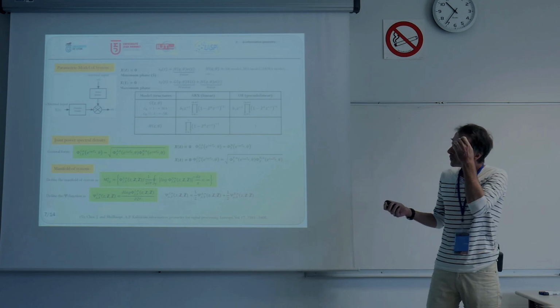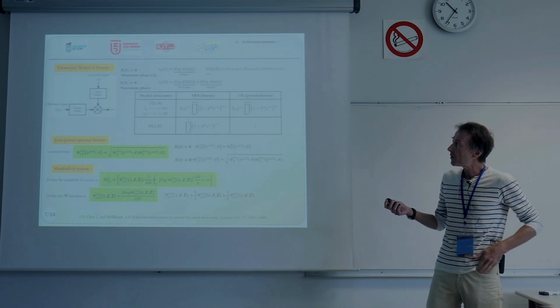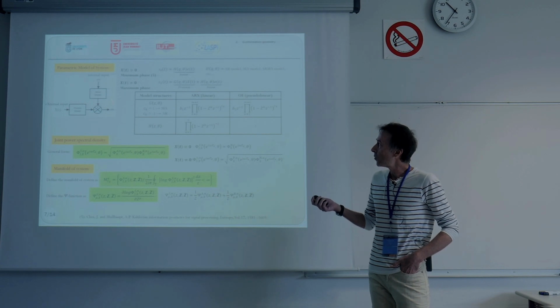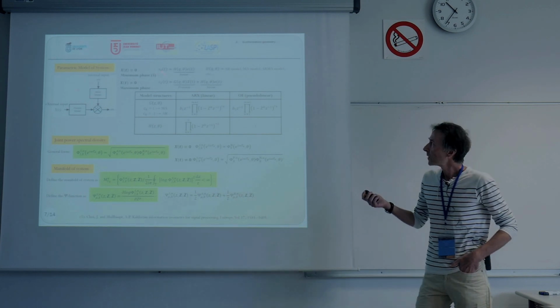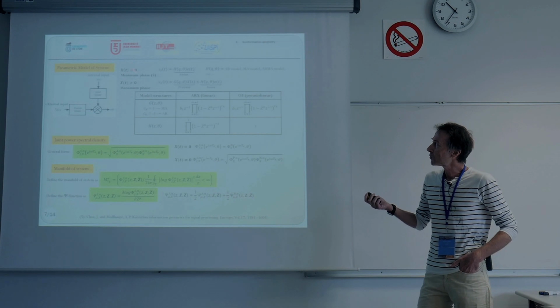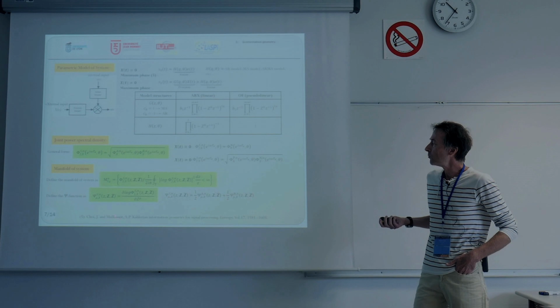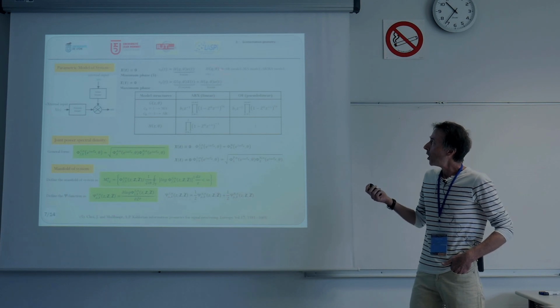The first step is to define the parametric model of system, and this is a general linear model. When x equals 0, it corresponds to minimum phase in the Choi and Mullerup paper.